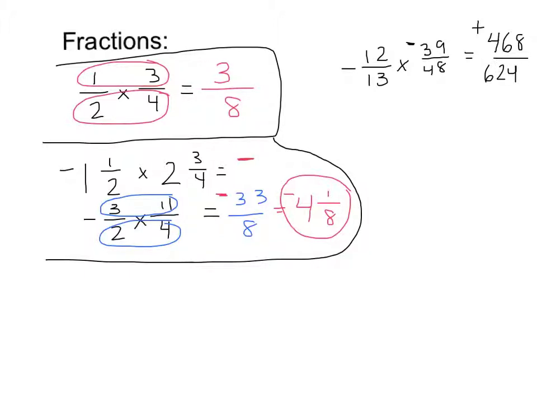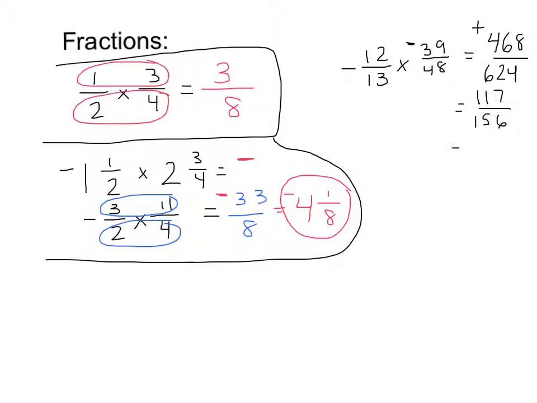Okay, looking at these two numbers, they're really, really big. So I can begin reducing. Let's see what they're divisible by. Okay, they're actually both divisible by 4. So 624 divided by 4 gives me an answer of 156. 468 divided by 4 gives me an answer of 117. Okay, what else are these both divisible by? Well, let's see.